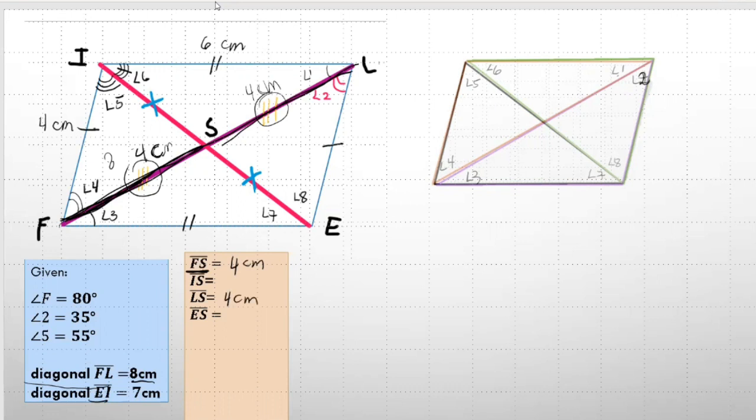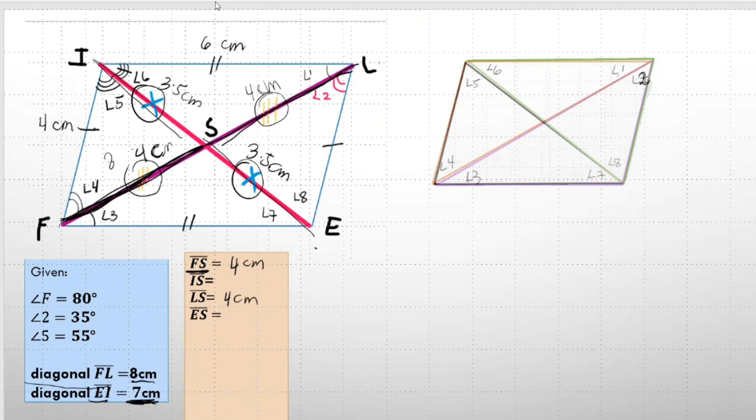Okay, next naman natin yung IS natin and ES. So yung IE natin or EI natin is equal to 7 cm. So pag binisect natin siya into two equal parts, then that is 3.5 cm. So therefore, this part is 3.5 cm and since they have the same measurement, therefore, it is also 3.5 cm.